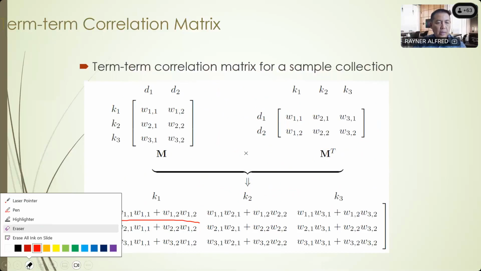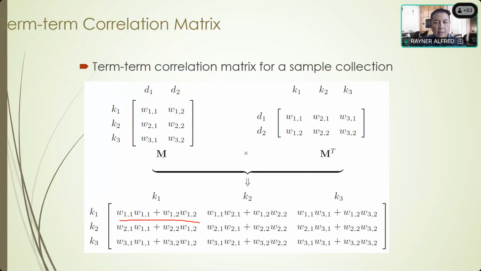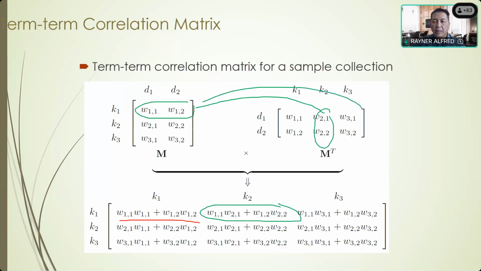So the second one is this multiplied with this, so you have this one, and then this multiplied with this one, you get this. So this is your term correlation matrix.